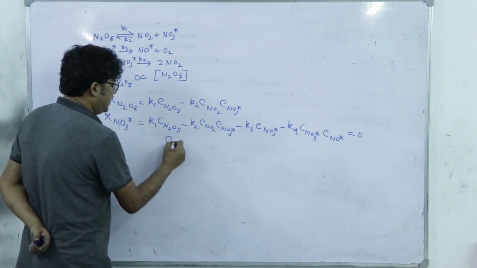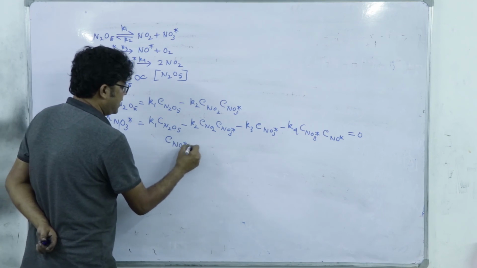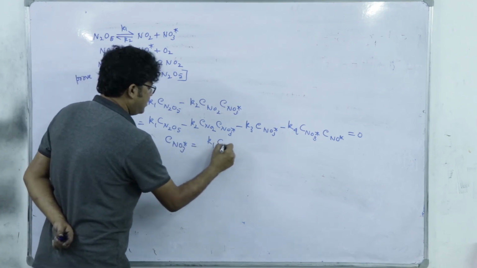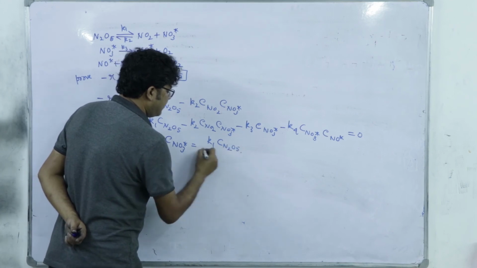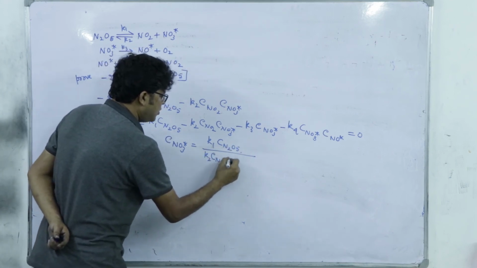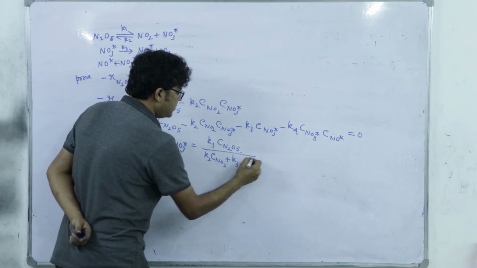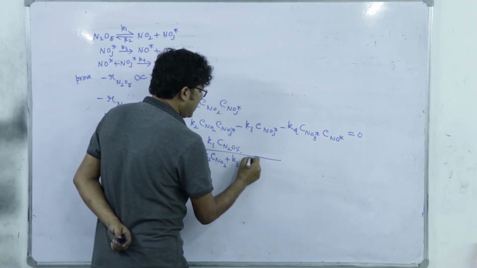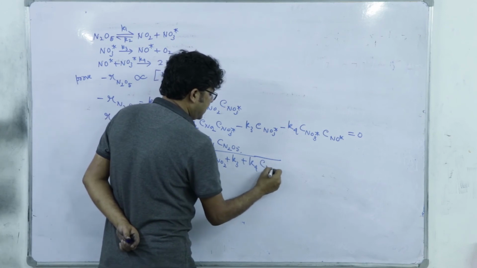So, we can write that C NO3 star is equal to K1 C N2O5 divided by K2 C NO2 plus K3 plus K4 C NO star.